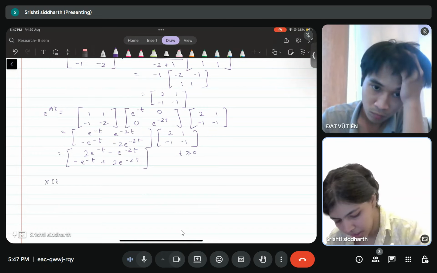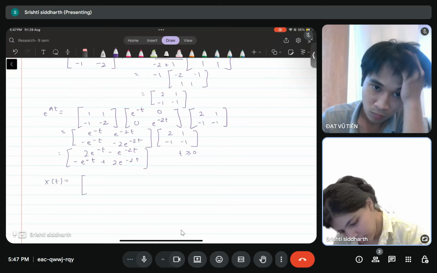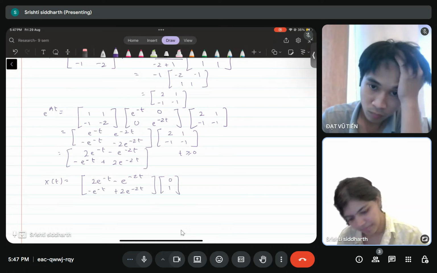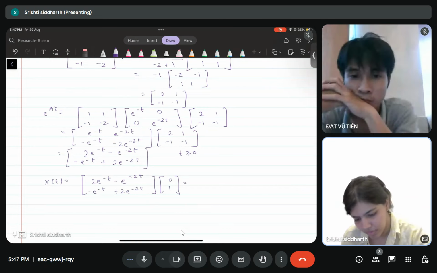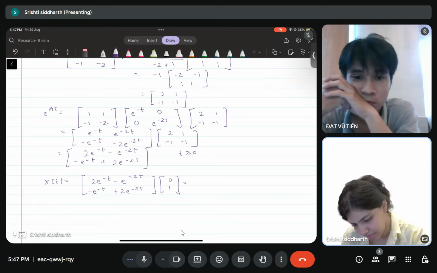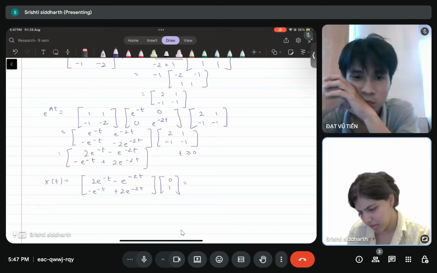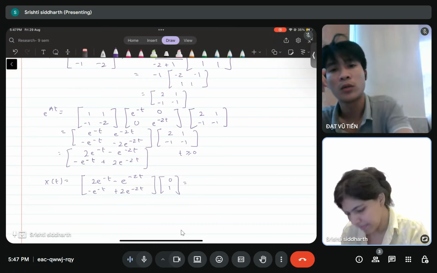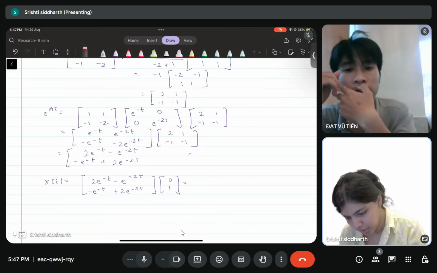And now x of t is this, and the initial condition was [0, 1]. Okay, so this is just the answer. Well, yeah, there were 4 entries there.